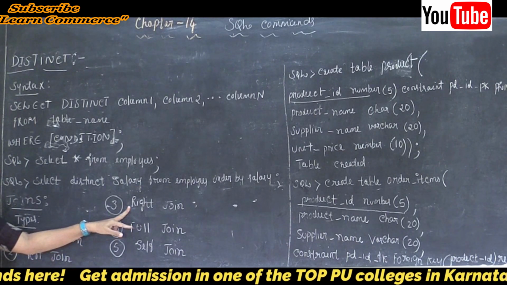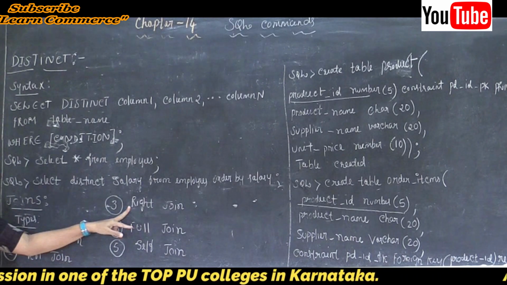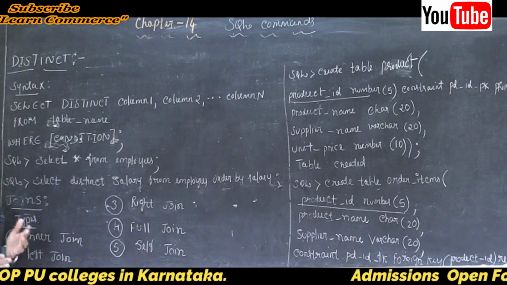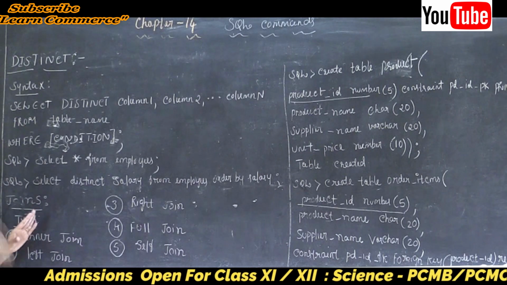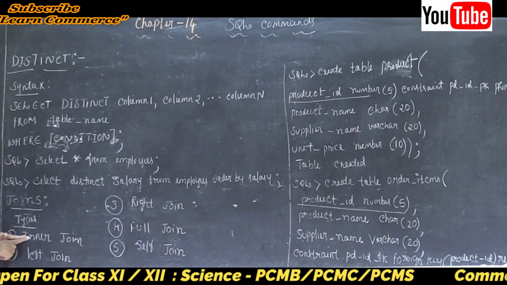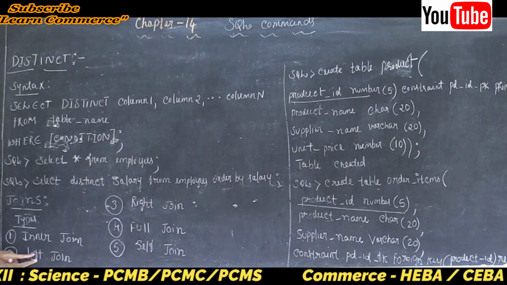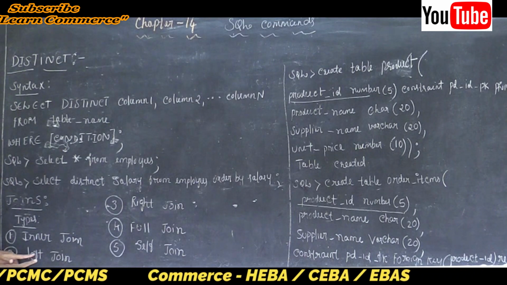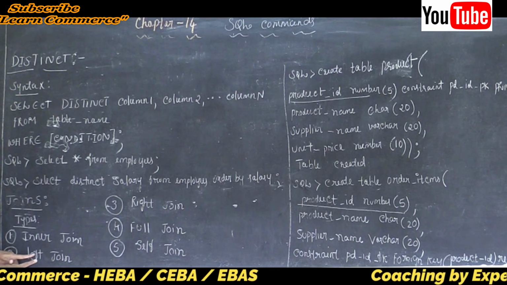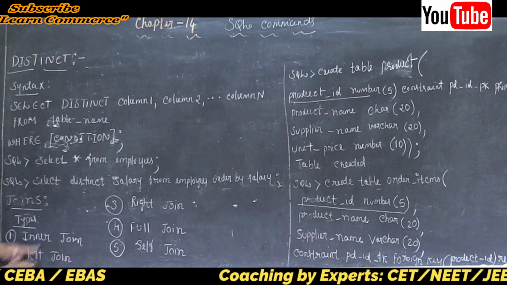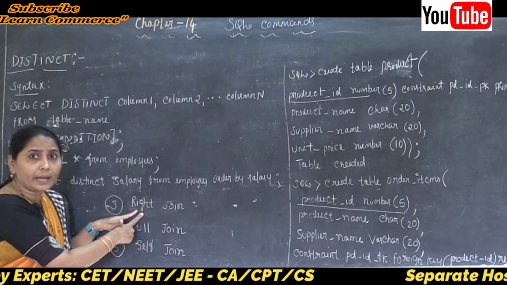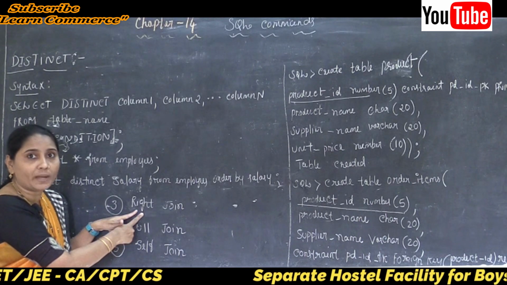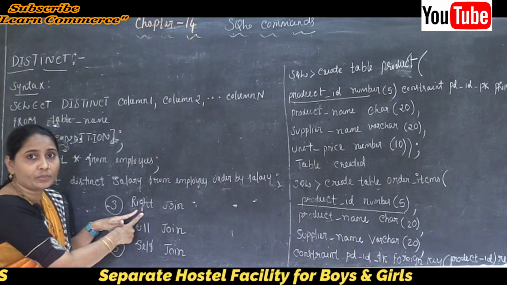Maybe matches are there or not, it just joins the right. If every match is there in the first and second table, this is called the inner join. If there are matches from the left first table to the left second table, that is called the left join. Right join means return all rows from the right table even when there are no matches in the left side of the table.